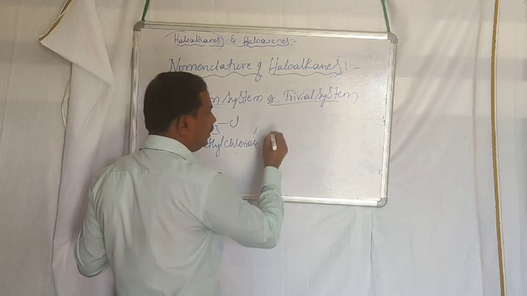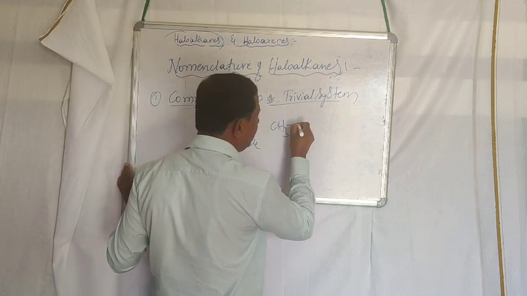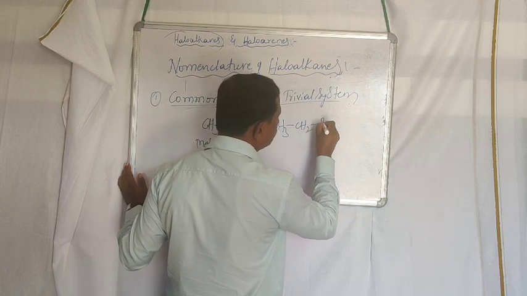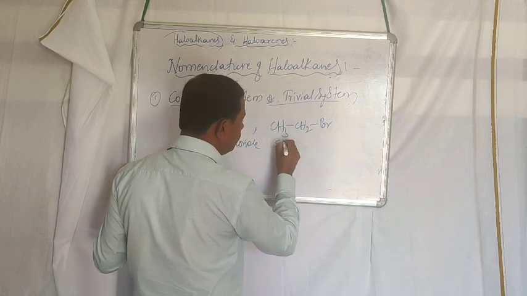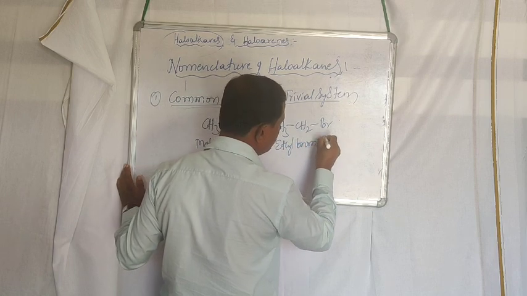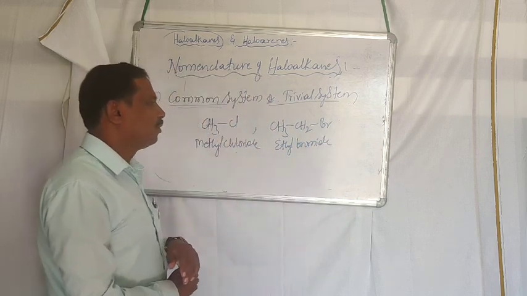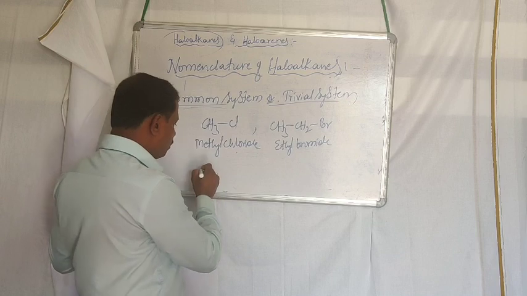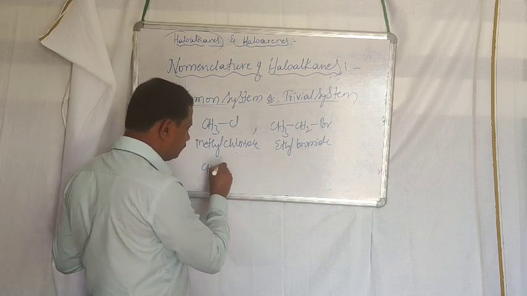Another example, you take ethyl bromide. You take propyl iodide.